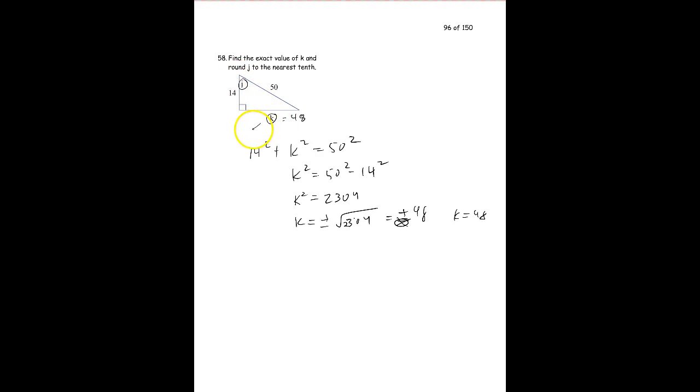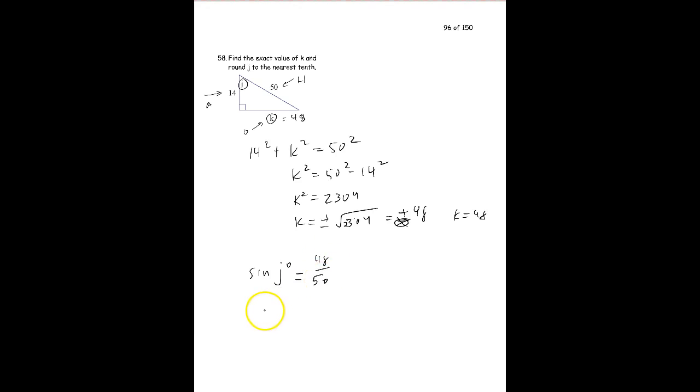So opposite is 48, so that's our opposite. This is our hypotenuse, and that's our adjacent. So you can pick your favorite trig ratio. I'm just going to use sine. So sine of J degrees equals opposite, which is 48, over hypotenuse, which is 50.